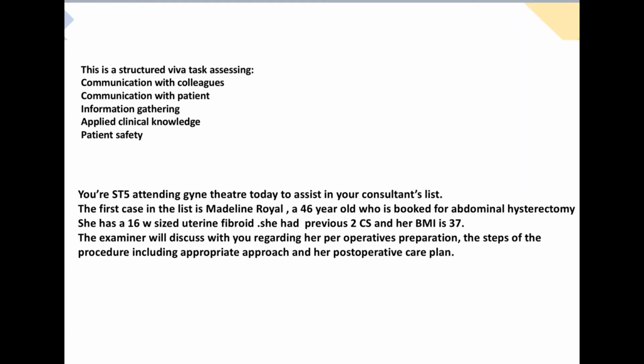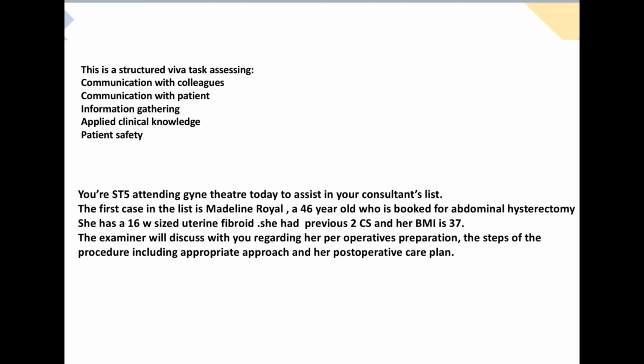Going through abdominal hysterectomy gives us another question: what type of incision are you going to do? We have two types of incision, as we mentioned earlier. Either a vertical midline incision or a low transverse. The low transverse, all of you know about it.